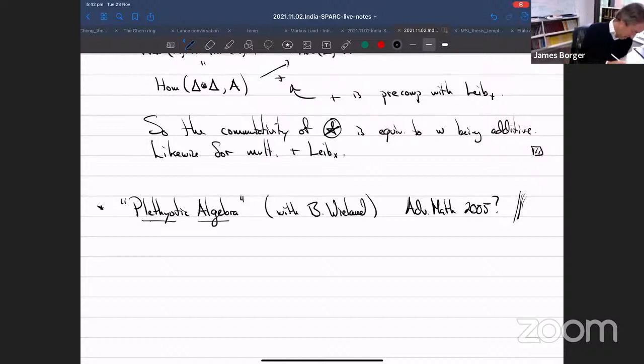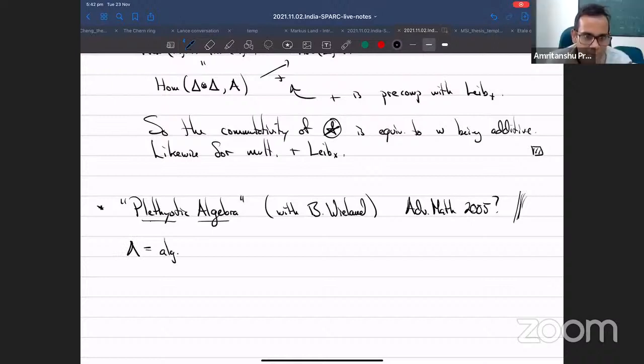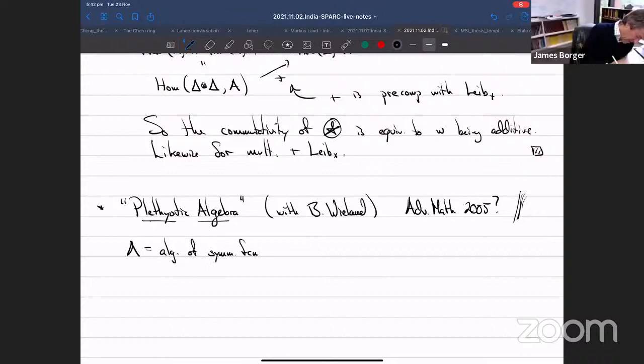So we can say Lambda is the algebra of symmetric functions in infinitely many variables. By the fundamental theorem of symmetric functions, this is freely generated by the elementary symmetric functions, but in all variables.